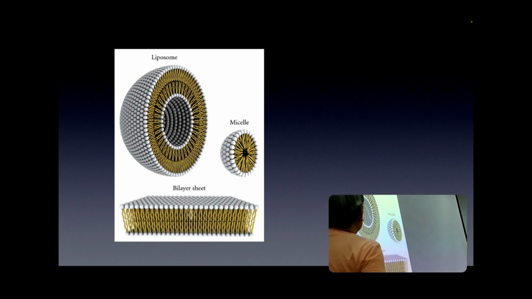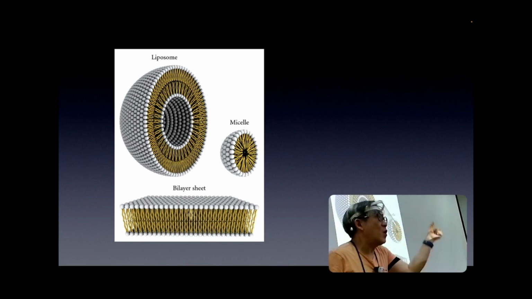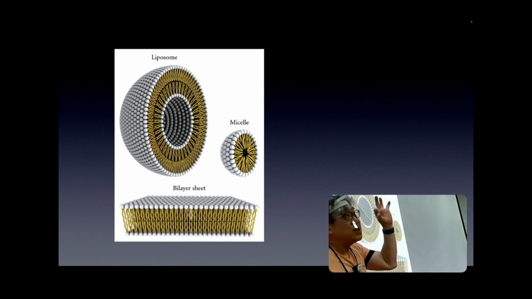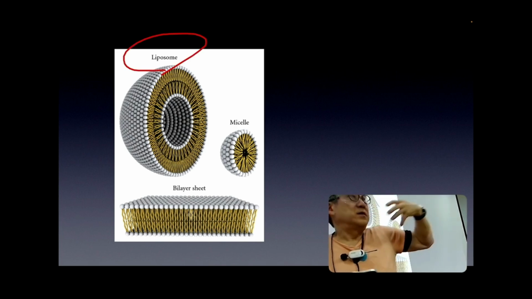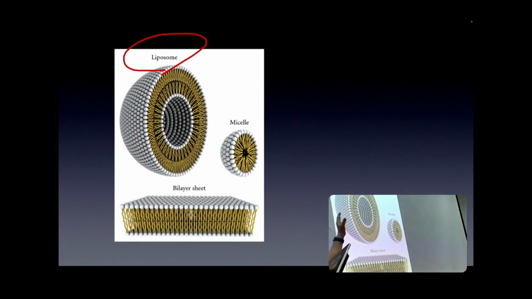And depending on the dimension of a phospholipid, you can have this long bilayer. However, you can also have a very small, mini, roundish phospholipid bilayer. Then we call that a liposome. A lot of the beauty products and cosmetics these days are being marketed as based upon this liposome.